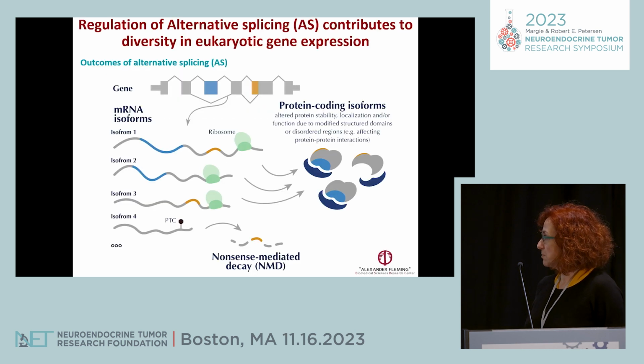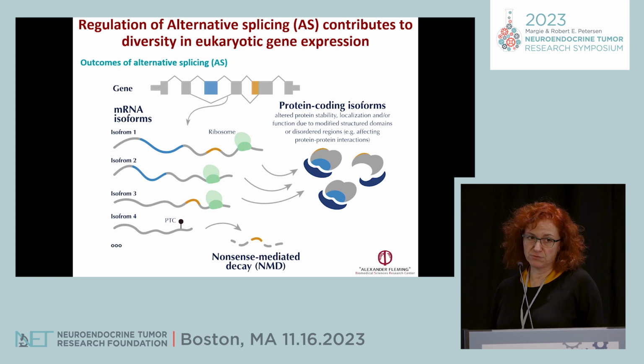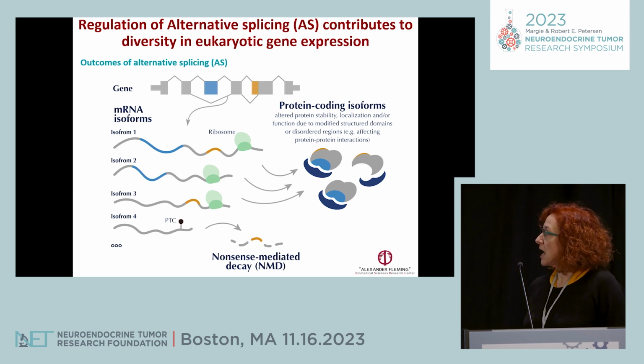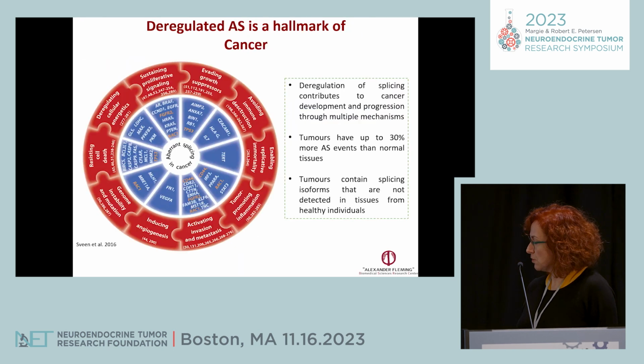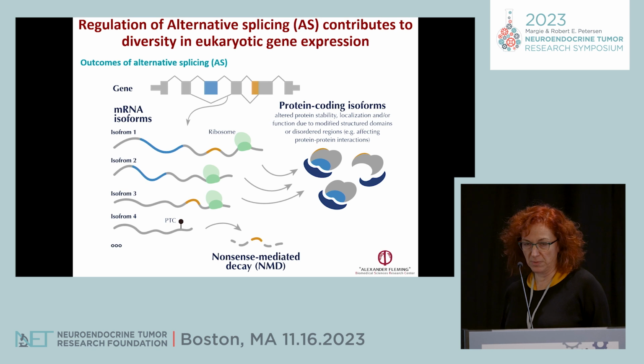So I would like to remind you that alternative splicing is a nuclear RNA processing event that contributes to the high diversity of eukaryotic gene expression. And how does it do that? It does it by promoting the production from a single gene of many different mRNA isoforms with the inclusion or the skipping of exons or of certain sequences of the pre-mRNA.